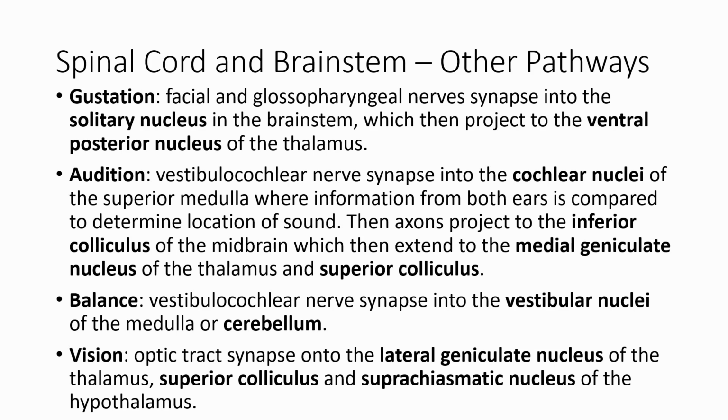When it comes to audition, which again is hearing, the vestibulocochlear nerve is going to synapse into the cochlear nuclei. We find this in the superior part of the medulla. This is where information from both ears is compared, and this is going to help us determine the location of the sound. Depending on which ear, we're going to get slightly different information because they're on each side of your head.